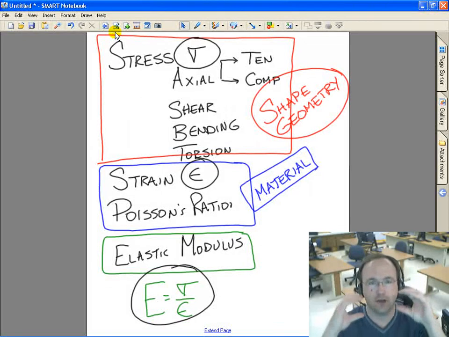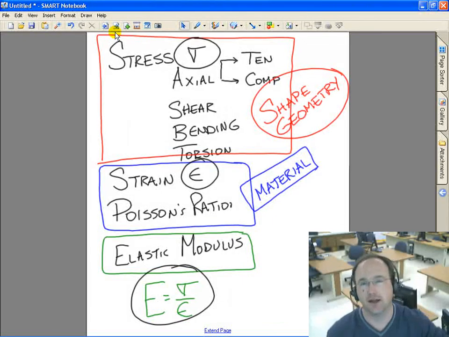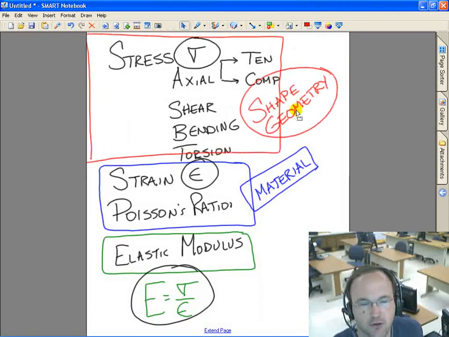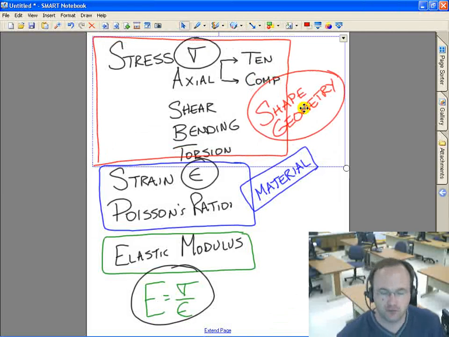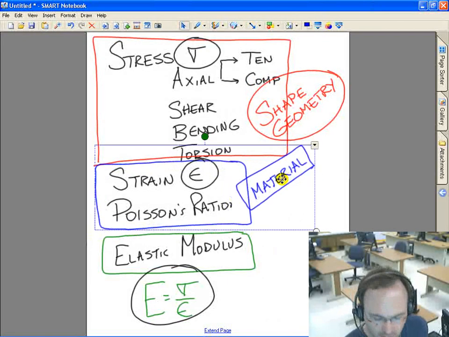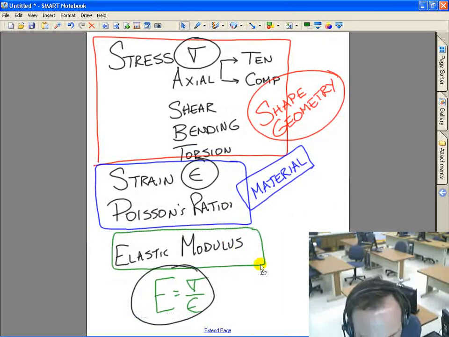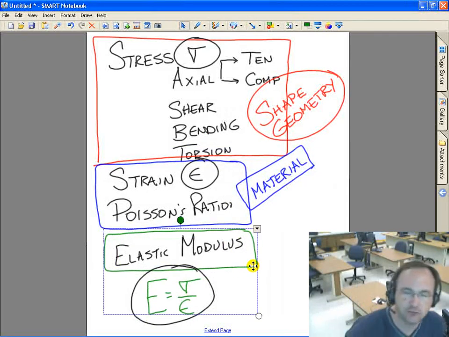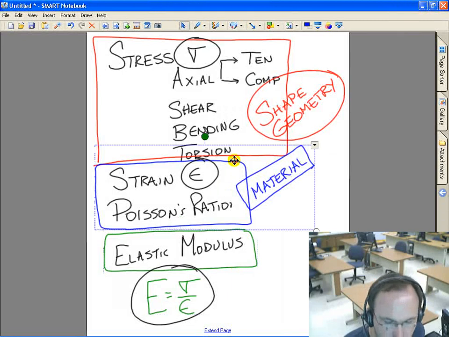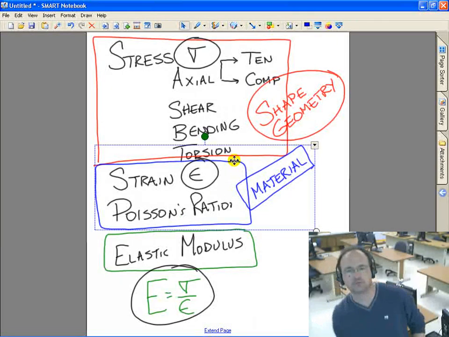What are the mechanisms internally of the material handling an externally applied load? These are the mechanisms through which that material will handle it. It'll handle it through its geometrical shape by inducing stress. The material will react by straining through the elastic modulus, as long as we're still inside the elastic zone. The bigger the shape, the smaller the stress, the smaller the stress, the smaller the strain because of the material.